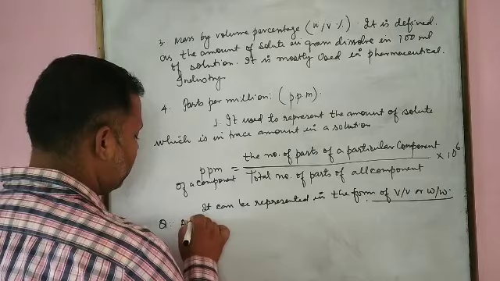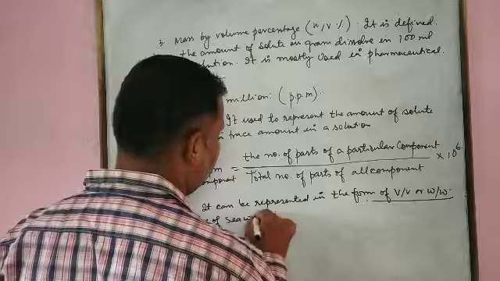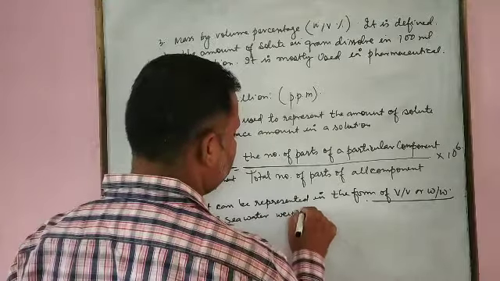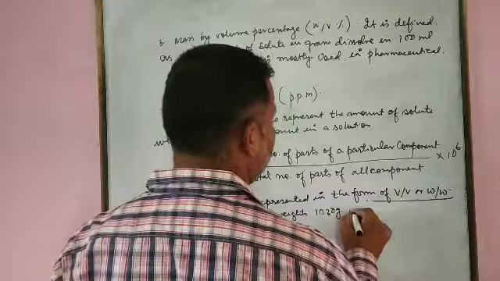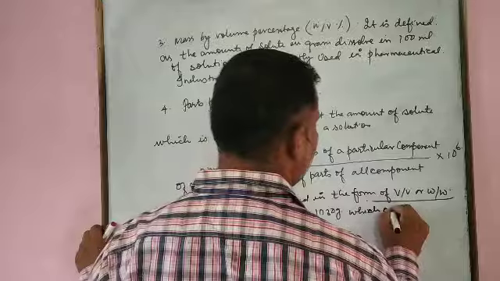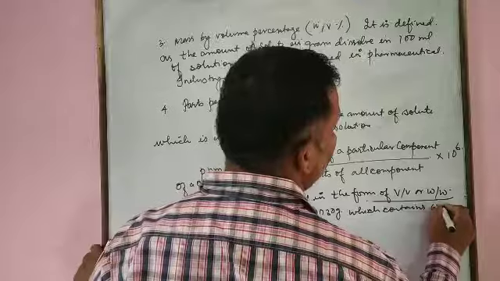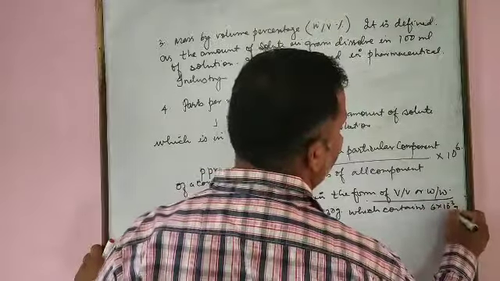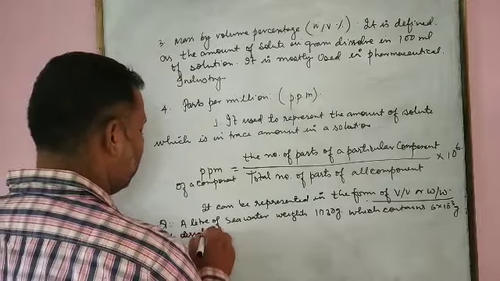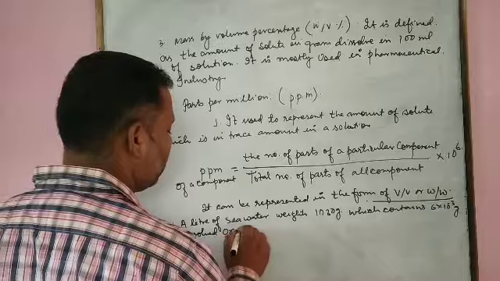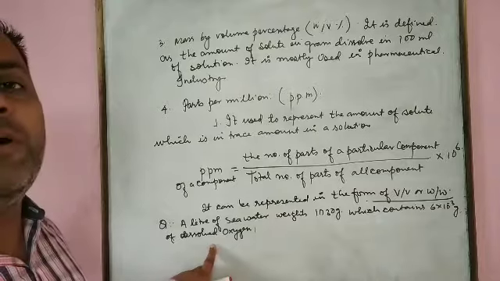A liter of seawater weighs 1030 gram, which contains 6 into 10 to the power minus 3 gram of dissolved oxygen.